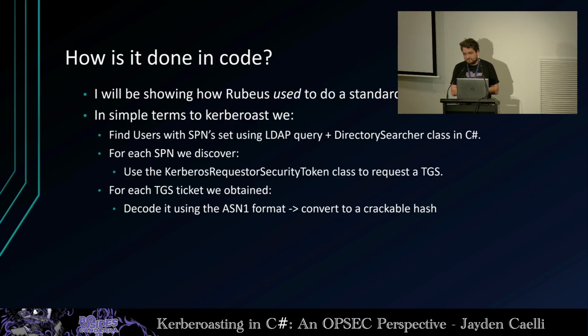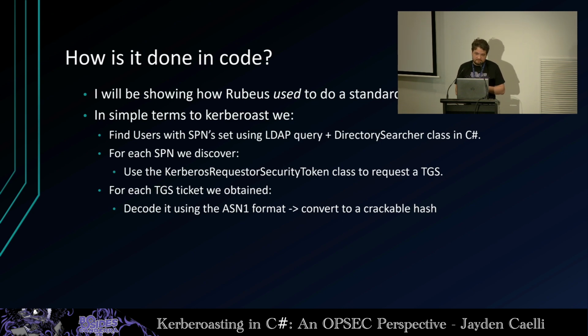In simple terms, as I said, what it will do is find users with SPNs set, specifically using a C# class called the DirectorySearcher class. This makes it very easy to do any Active Directory searching with LDAP and LDAP queries. Once we've done that, we've found users and we've found each SPN.